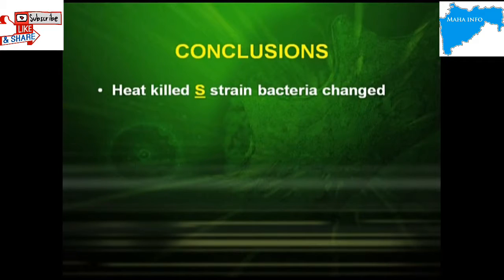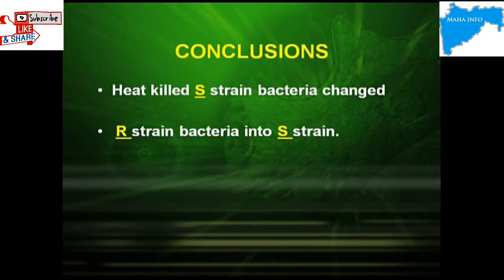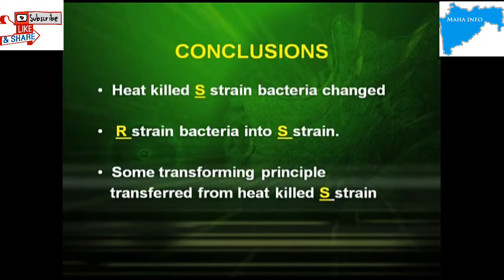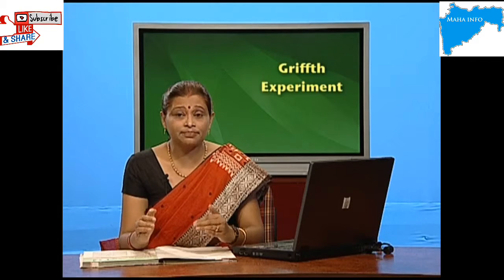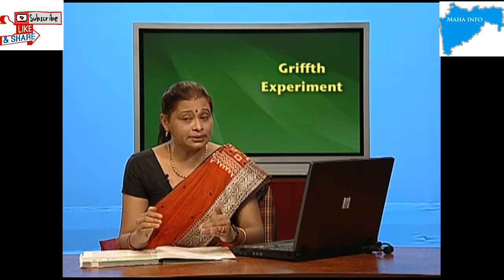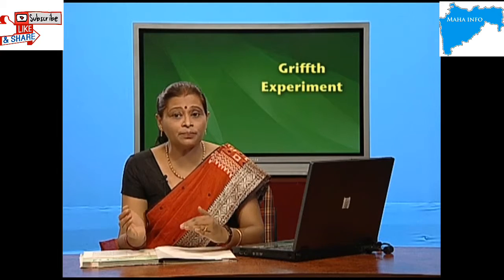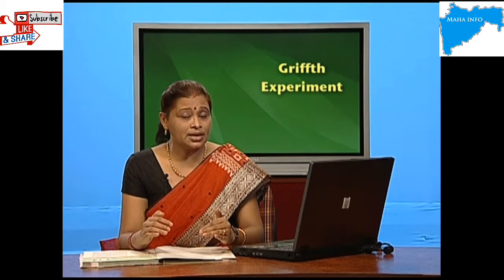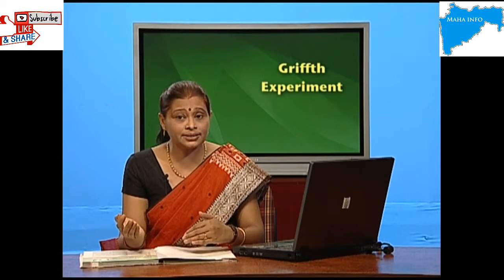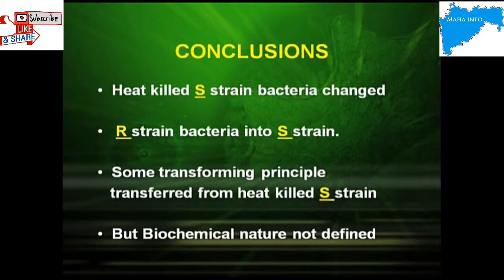So, he concluded that the heat-killed S strain bacteria changed R strain bacteria into S strain, and there is some transforming principle that has been transferred from the heat-killed S strain. That means the S strain was capable of transforming the R strain into S strain, and that is how the mice died. But the biochemical nature was not defined by Griffith.